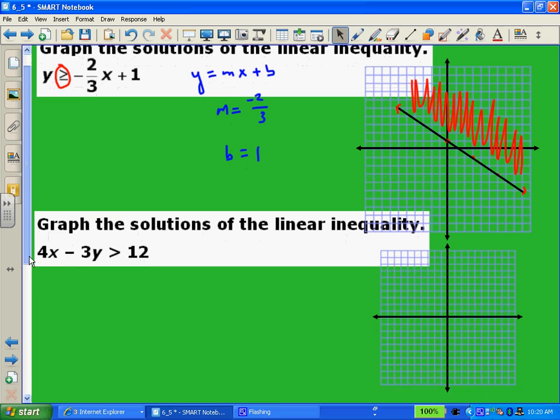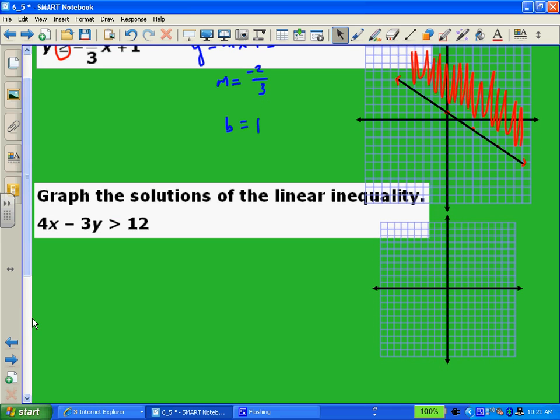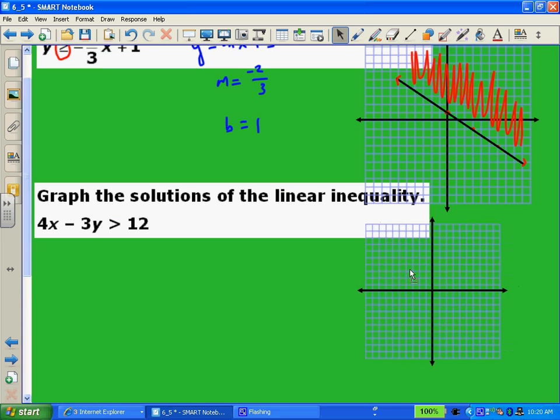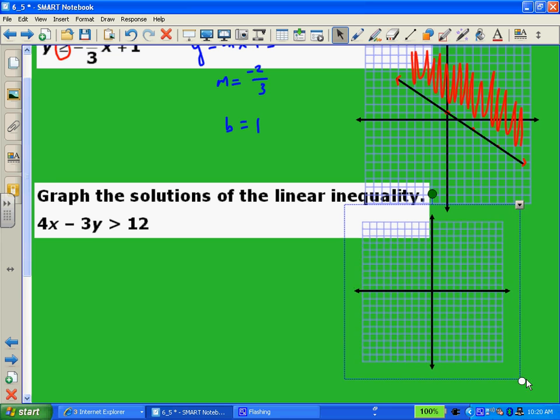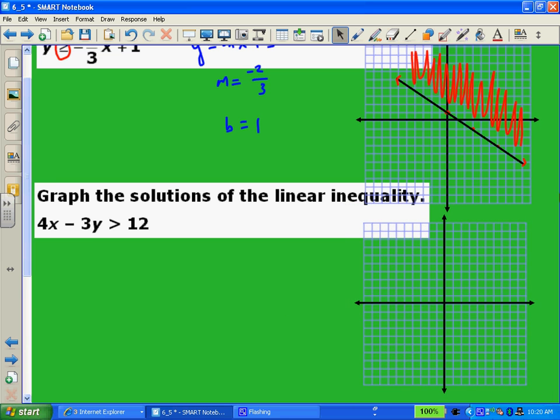Now as you probably know, they won't always come solved for y, because that would just make our lives too easy. So if it's not already solved for y, I have to solve it for y. So here I'd want to subtract 4x. It's going to give me negative 3y greater than negative 4x plus 12.